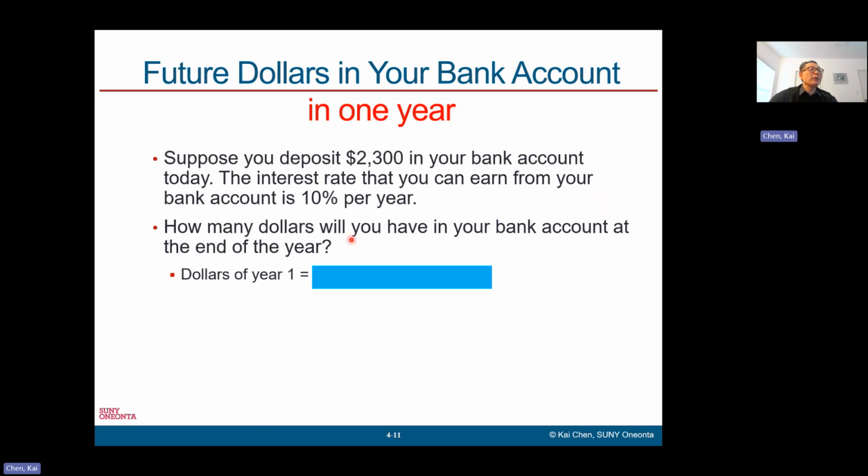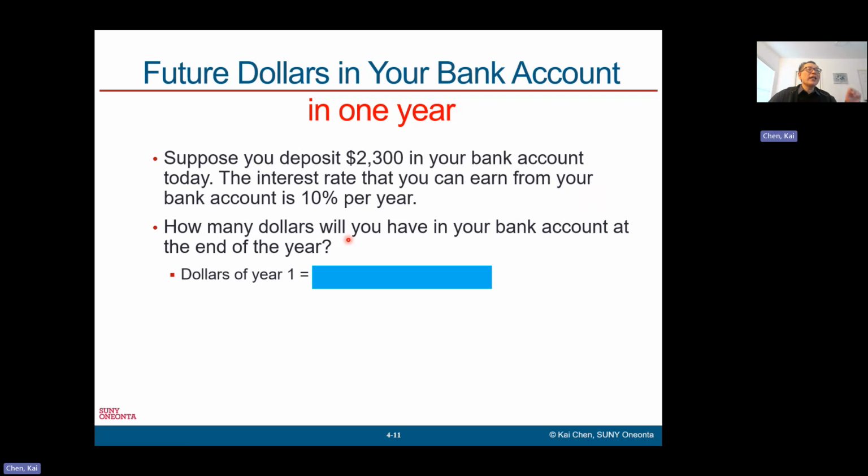This is an investment opportunity, right? Of course, this is the growth issue. In this case, the variable that we are going to look at is the value of your bank account, or the value of your investment.